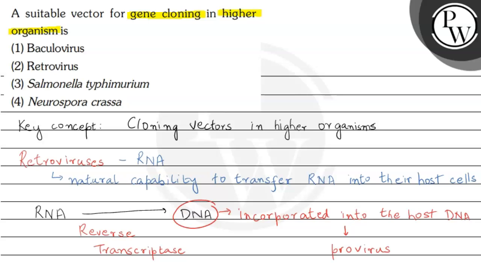Now this DNA can then be utilized for the formation of the viral proteins, and then these viral proteins are assembled together to form the virus, which helps in the replication of the virus. So the retroviruses can replicate in this manner by infecting their host cells.